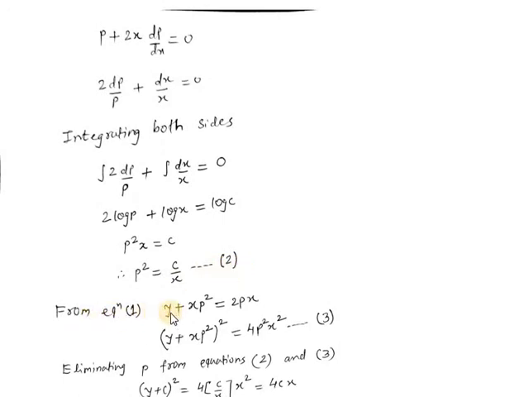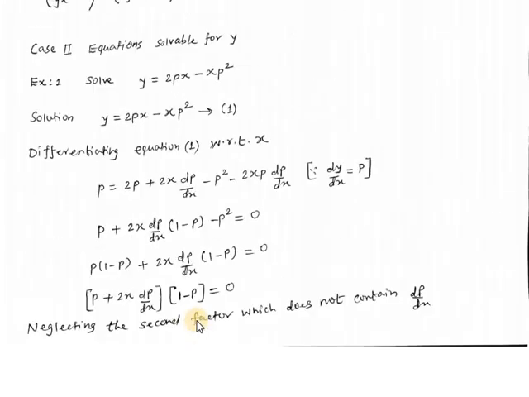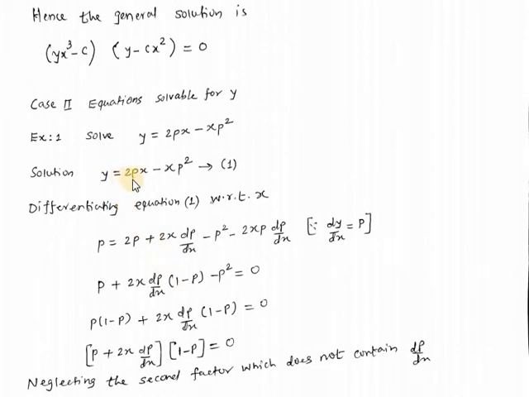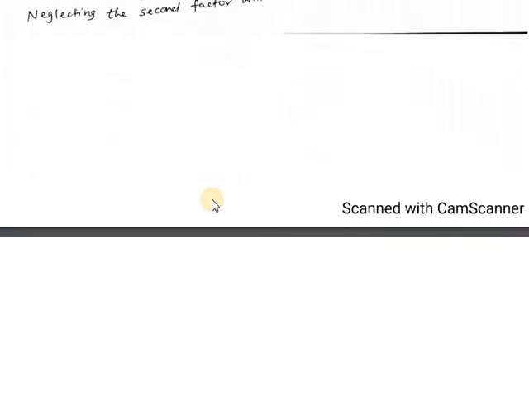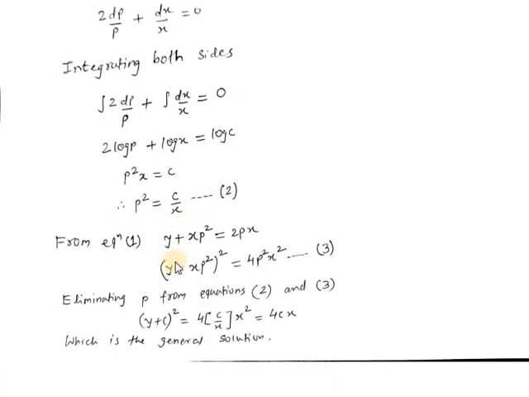Now from equation 1, what is equation 1? This is y is equal to 2px minus xp square. So from this equation we can write y plus xp square is equal to 2px. So squaring both sides, we will get (y plus xp square) whole square is equal to 4p square x square. Suppose this is equation number 3.